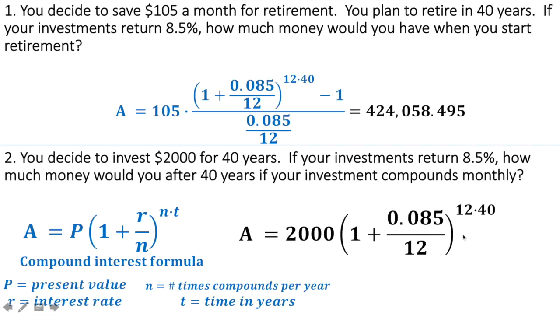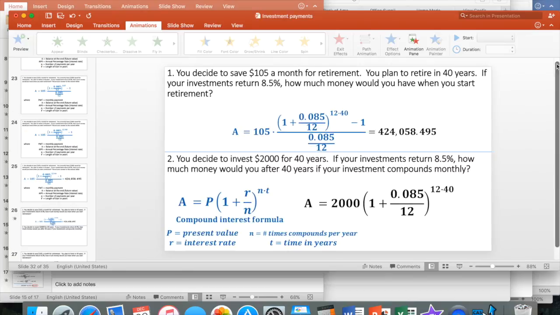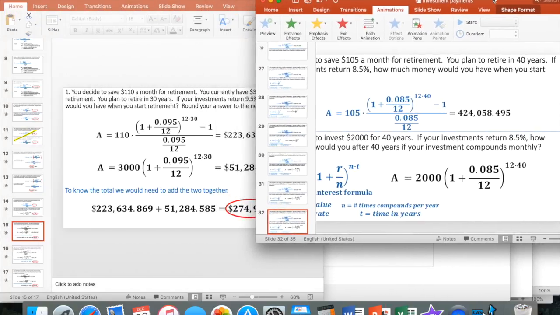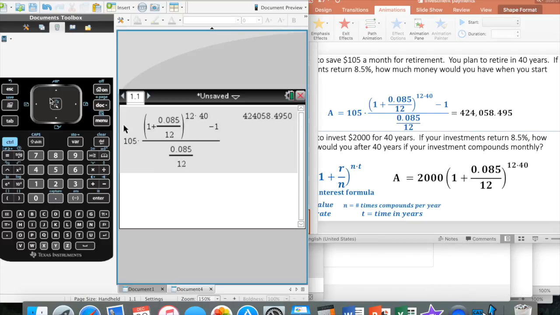Now I just plug this one into my calculator right here. And again, you're going to plug it in just like you see it here. I'll bring back in my calculator and I'll show you what it should look like. That one should be 2,000.